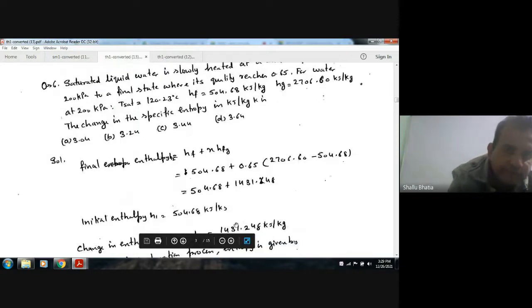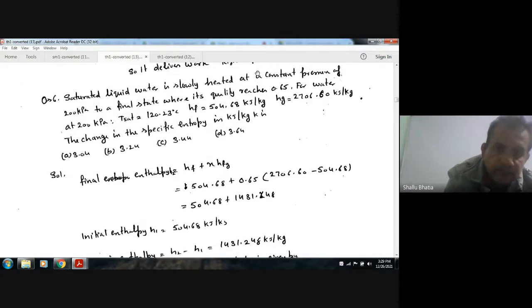So let us check it again. So the saturated liquid water is slowly heated. So initially there is saturated liquid water. So enthalpy of water is your HF, that is 504.68. Now it is at 0.65, so this is the dryness fraction. So from this we can get the final enthalpy: 2706 minus 504.68.